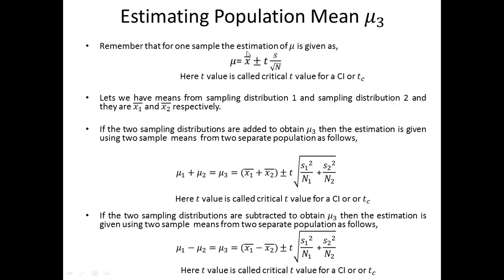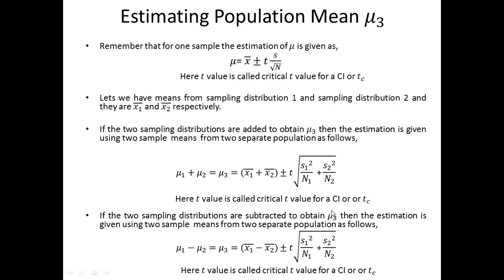Now, the format is the same: x1 bar plus x2 bar would give us some x3 bar value, plus minus t under root s1 square upon n1 plus s2 square upon n2, which is the same SEM value as over here.